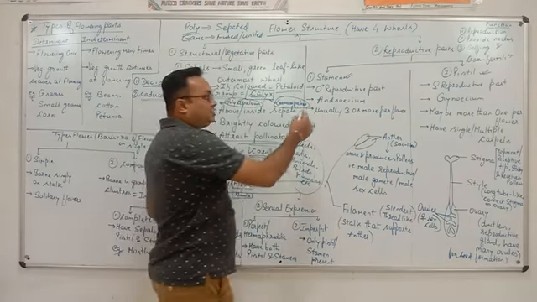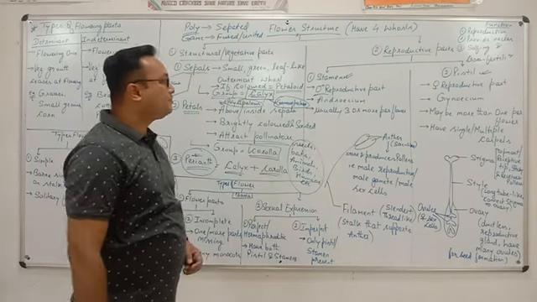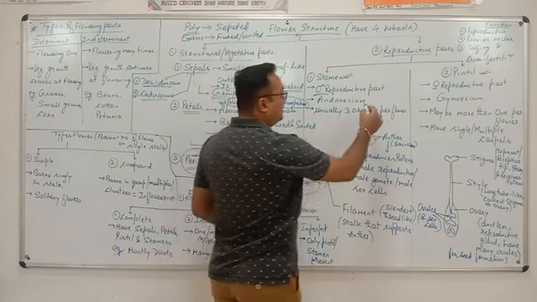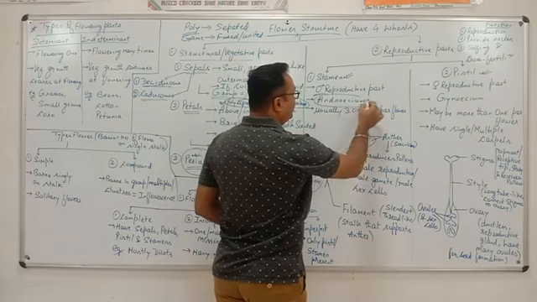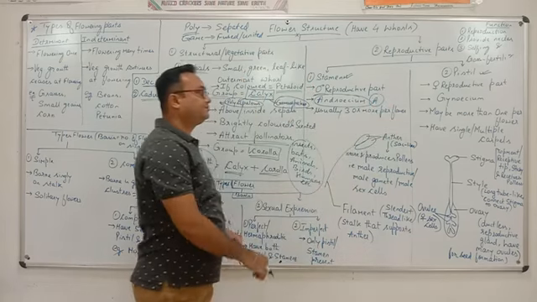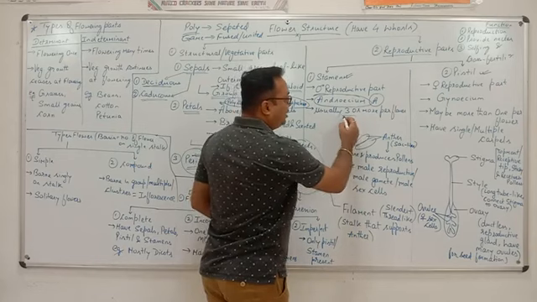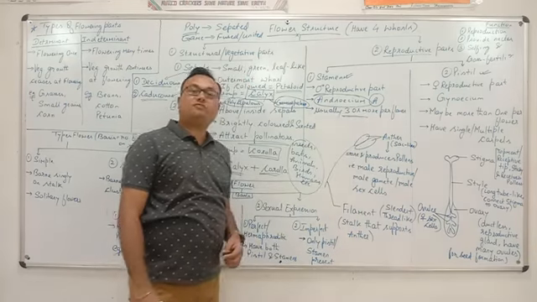A stamen is generally termed as the male reproductive part. It is also termed as androecium, which is represented as capital A. And the numbers are generally 3 or more per flower.